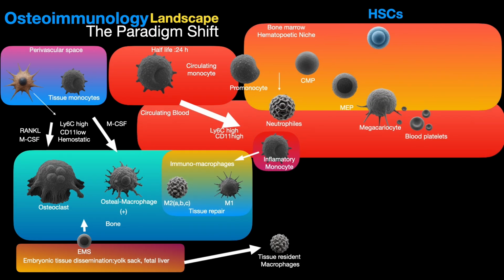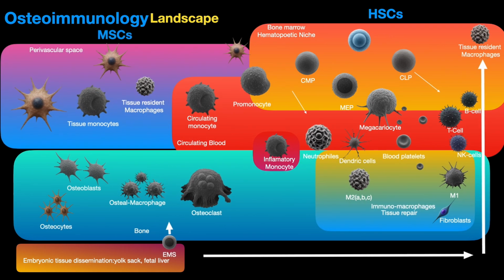From the hematopoietic stem cells, we get megakaryocytes and blood platelets that produce a lot of very important factors that are useful in the first stage of healing. We also have B cells, T cells, and antigen presenting cells, such as dendritic cells, which is also a very important population influencing bone healing.